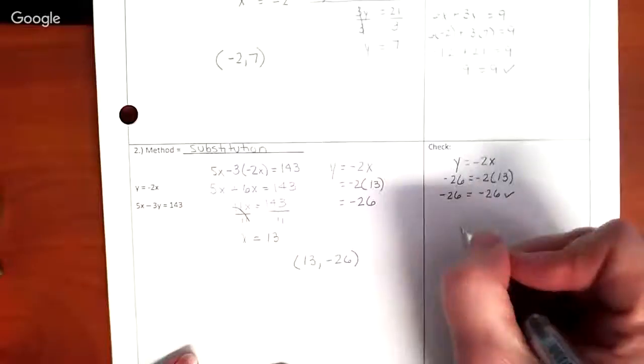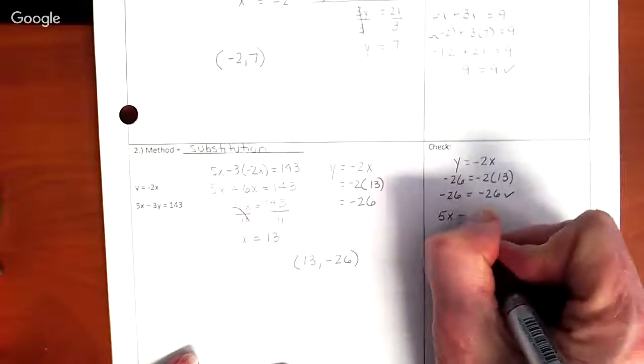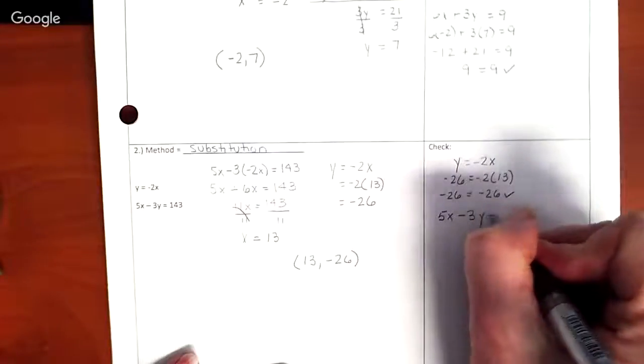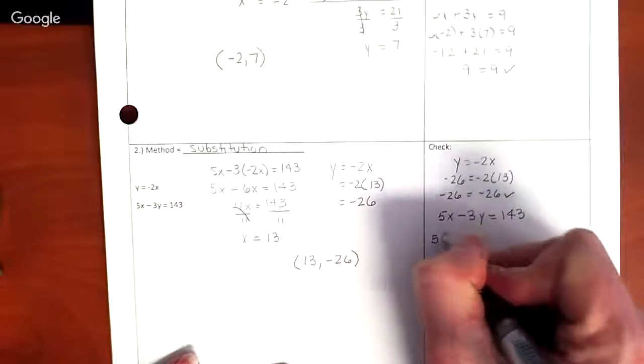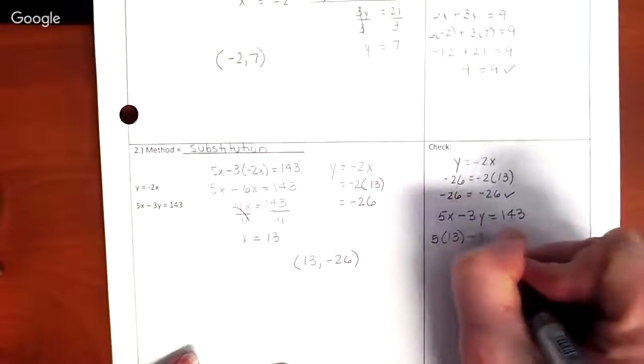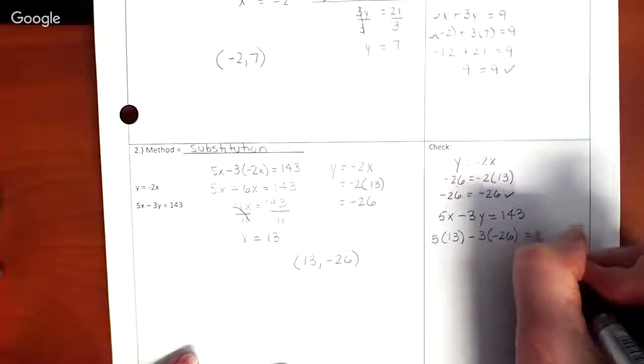In our second equation, we have 5x minus 3y equals 143. 5 times 13 minus 3 times negative 26 equals 143.